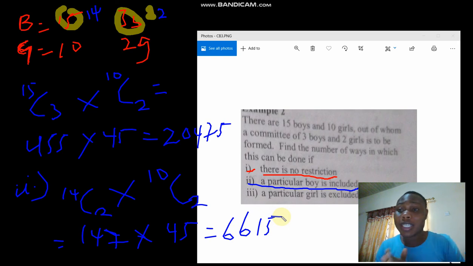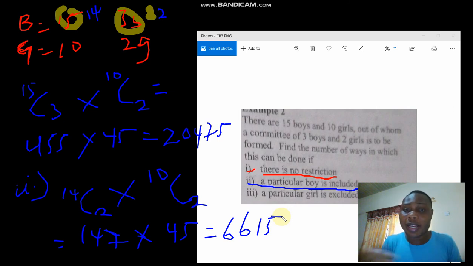So these are the number of ways of selecting, because one particular person has already been taken. That one is aside. Then we are left with 2 boys to add to the committee and another 2 girls, making 5 people, 3 boys and 2 girls. We have selected 2 boys out of 14 and 2 girls out of 10. But for the particular boy who has been taken, there is only one way.